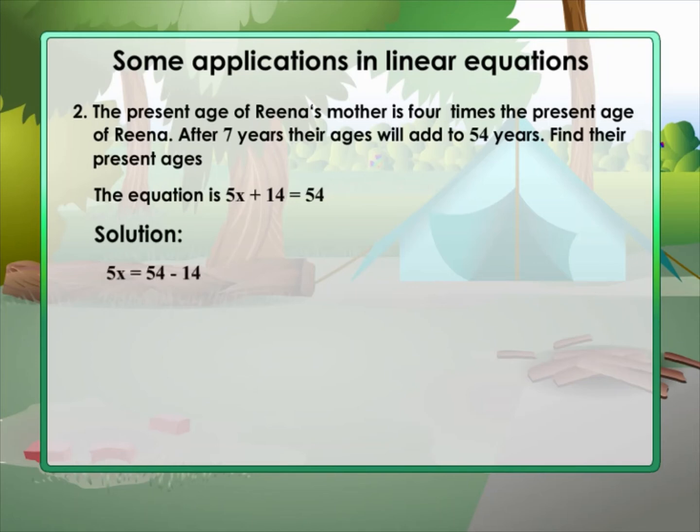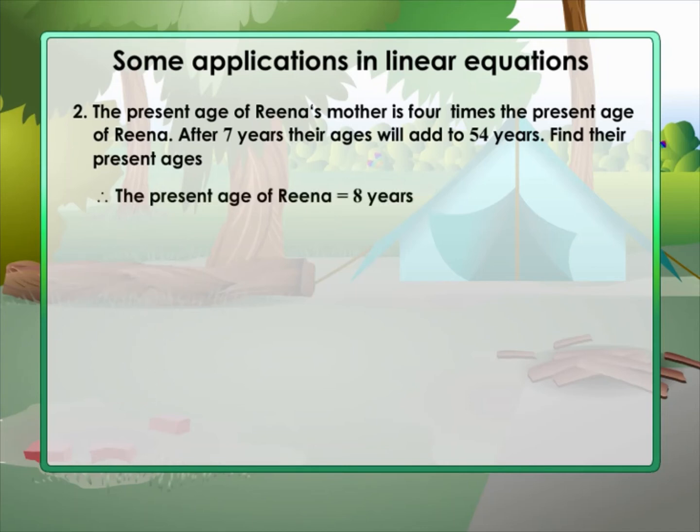So 5x = 54 - 14, which is equal to 40. Hence, x = 40 divided by 5, which is x = 8. The present age of Reena is 8 years. The present age of Reena's mother is 4 × 8 = 32 years.